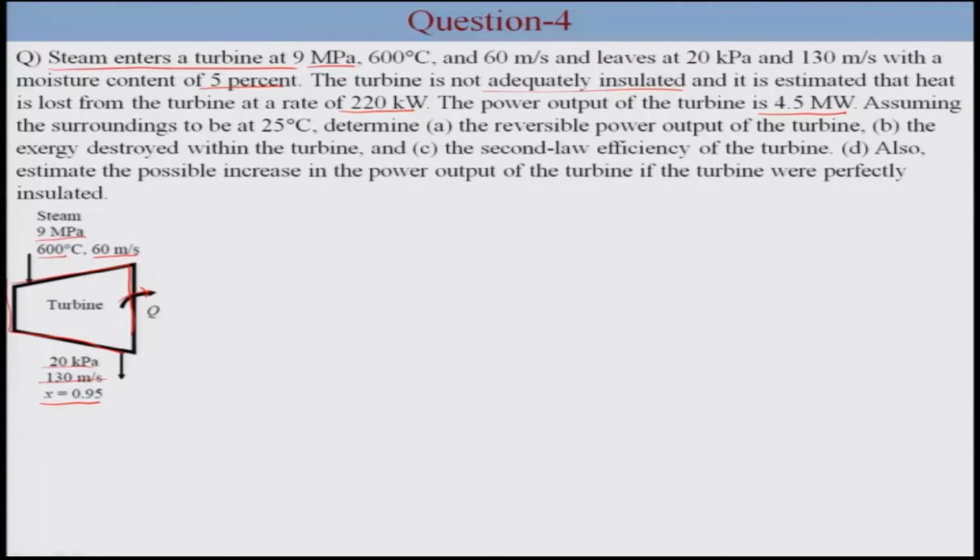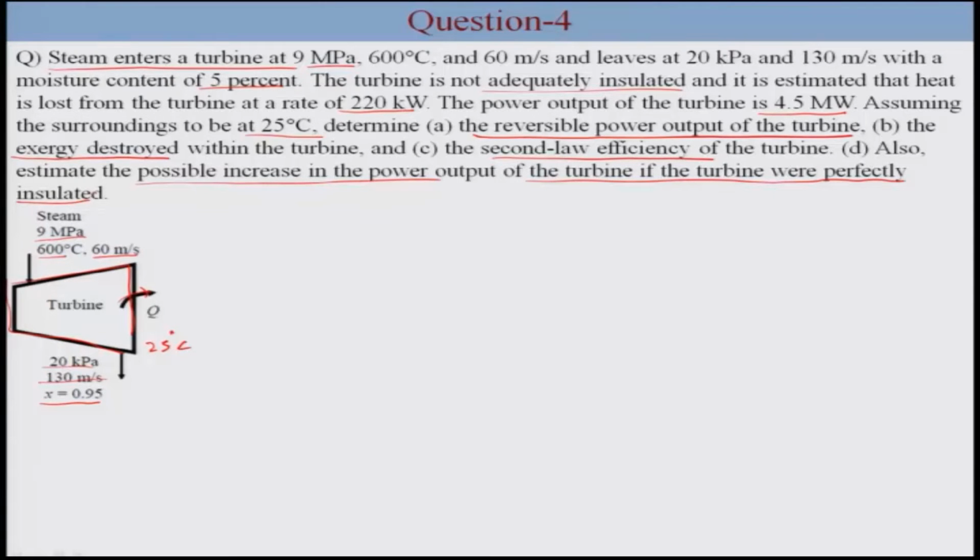Assuming the surroundings to be at 25 degrees Celsius, determine the reversible power output of the turbine. So there are various quantities we need to find. Second is the Exergy destroyed within the turbine, second law efficiency, and also the possible increase in the power output of the turbine if the turbine were perfectly insulated.